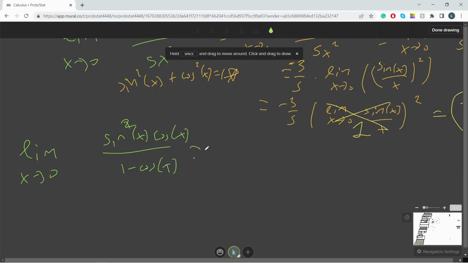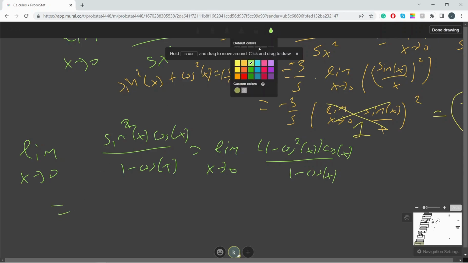So this limit is equivalent to the limit as x approaches 0 of 1 minus cosine squared x, cosine x, over 1 minus cosine x. And now because you have a 1 minus cosine squared x term, we can actually do some factoring.